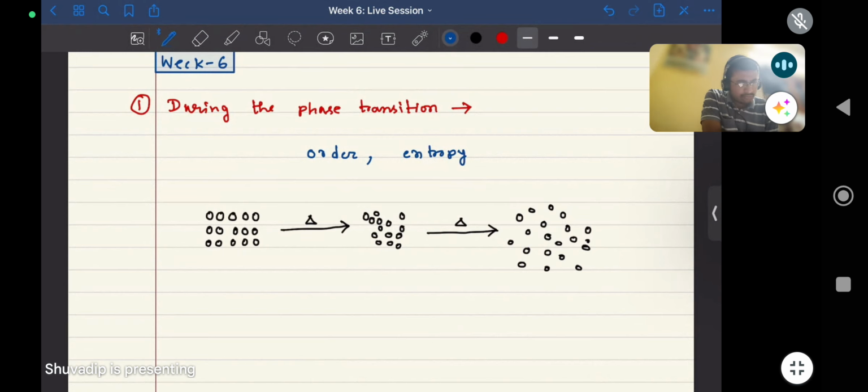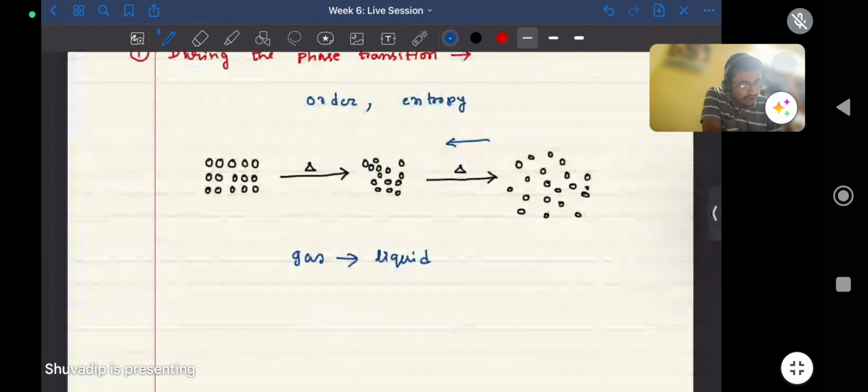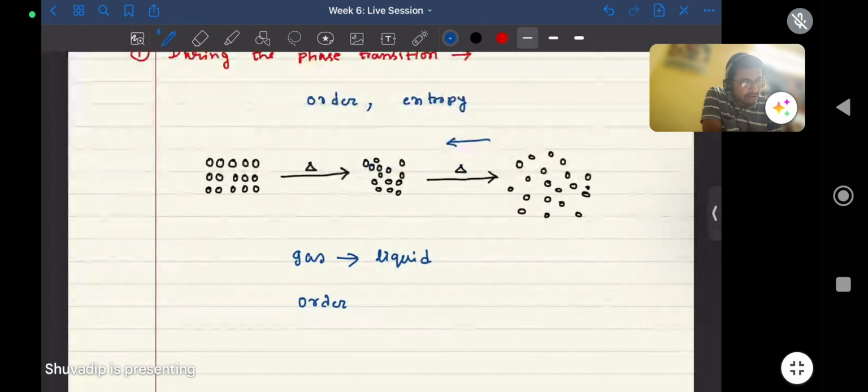So during the phase transition from gas to liquid, so we are going in the opposite direction, gas to liquid. Order is increasing, because in the gaseous state there is no particular order, but in liquid there is some order, so order increases.